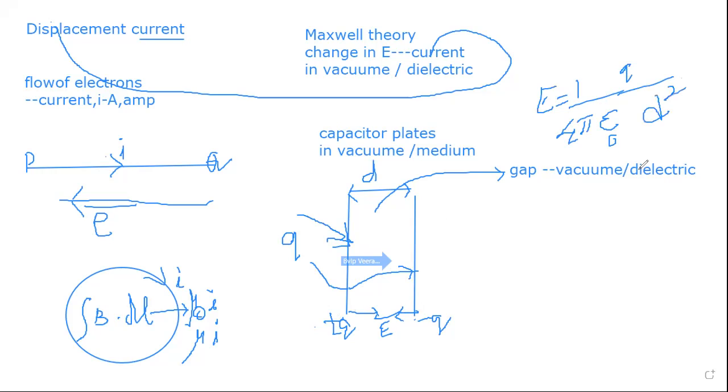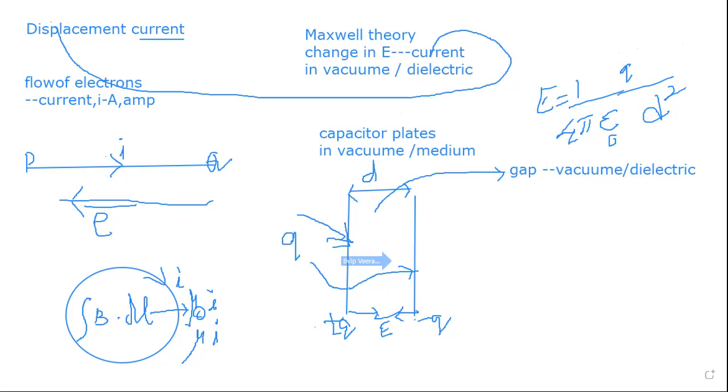We are increasing the charge on one plate, so charge Q is increased. Obviously, the electric field is increased. There is a change in the electric field, and this produces current. The current produced by change in electric field is displacement current. How much current is produced? We have to see that.